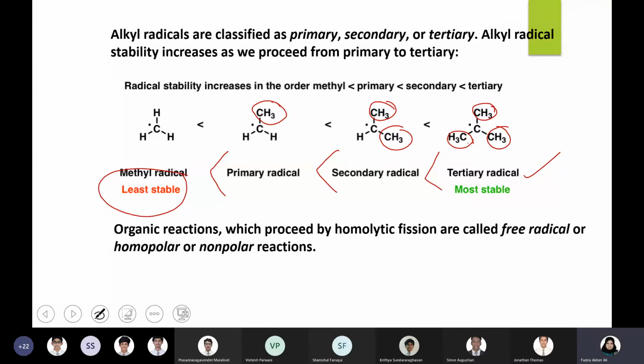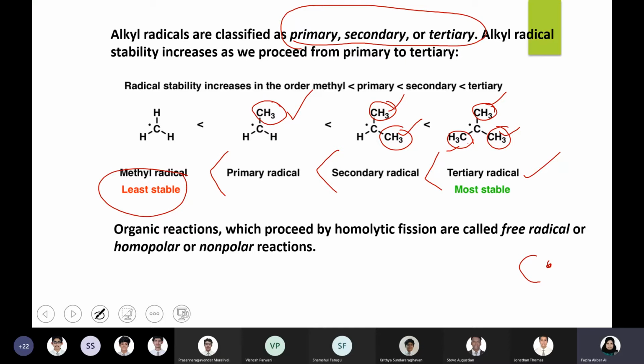So the classification is exactly based on the number of alkyl groups attached to the free radical carbon. If one alkyl group, that is primary. If two alkyl groups, then secondary. If you have three alkyl groups attached to the free radical carbon, tertiary. Free radical carbon means the carbon with that dot, that unpaired electron.